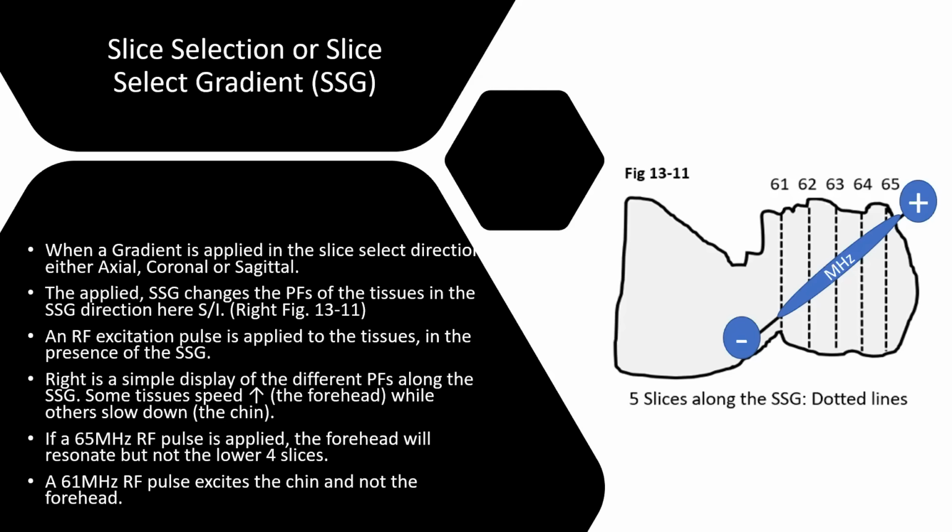They're all at their own different precessional frequency, and the only thing that's going to respond is the chin at 61 megahertz. However, if you turn on the exact same gradient and put in an RF pulse of 65 megahertz, then his forehead is going to resonate. So you've got different precessional frequencies along the slice select gradient.